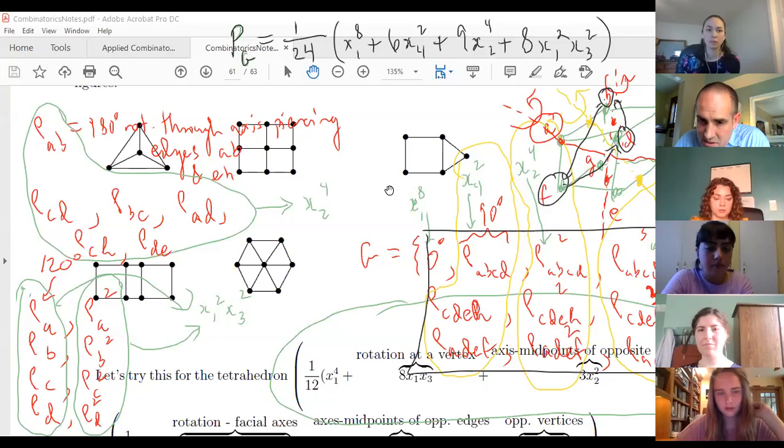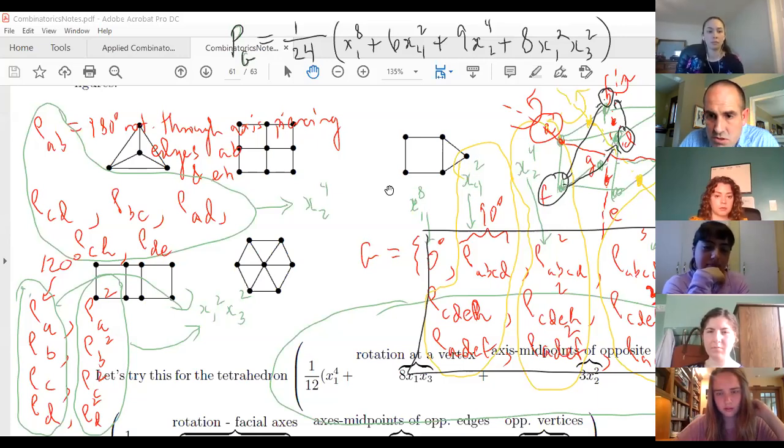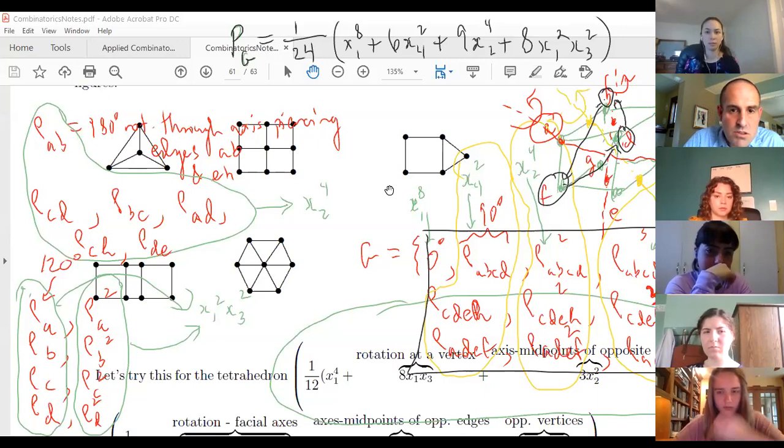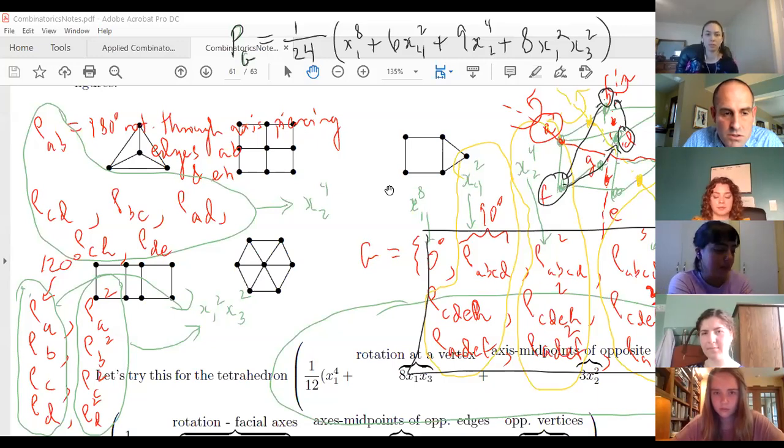Because visually I'm having trouble figuring out why that would be. Two separate ones? What do you mean? Well, didn't we say that when you're rotating it through the vertices, it's 120 degrees and then 240 degrees rather than just 180 and then 360?